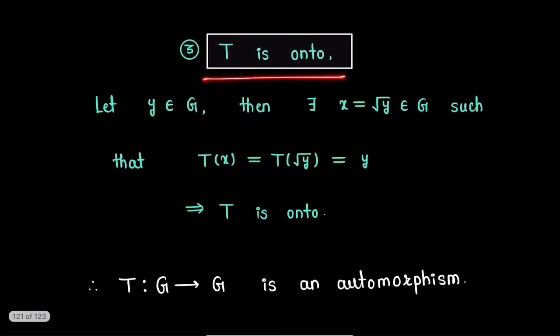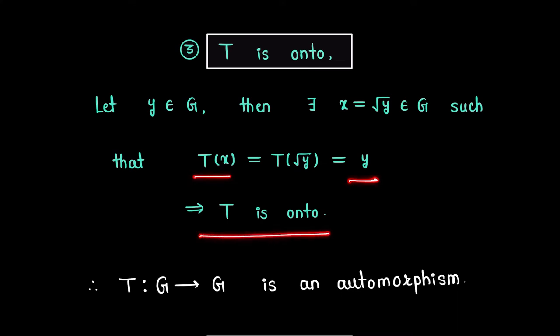To check T is onto or not, consider any element, say Y in group G, then there exists an element, say X, which is equal to square root of Y in group G, such that T of X, that is T of square root Y, will be equal to square root Y its square, that is Y. And thus, for the given element Y in group G, there exists an element X in group G such that T of X is equal to Y, and this implies map T is onto.